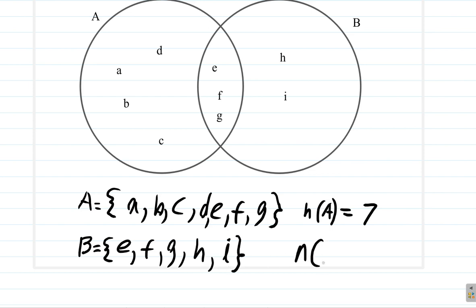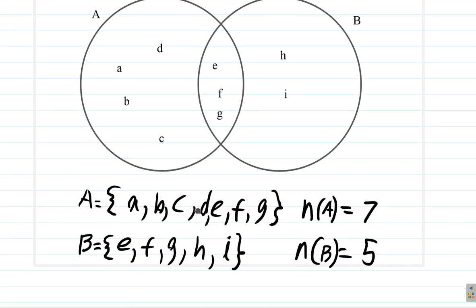So the number of elements in set B is equal to, how many is it again? 1, 2, 3, 4, 5. 5 elements are in B. Okay, good.